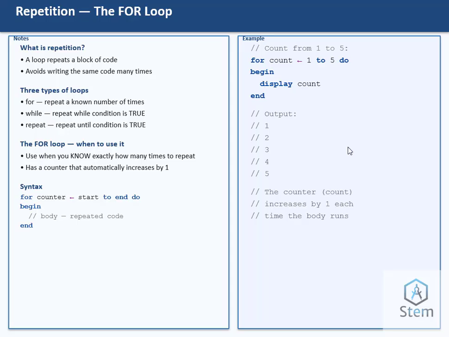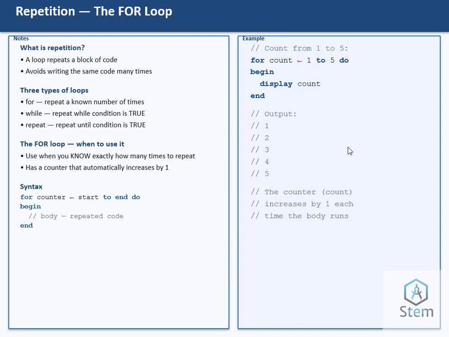We have three iteration structures which we need to know, and those are the for loop, the while loop, and the repeat loop. The for loop is known as a count-based loop.